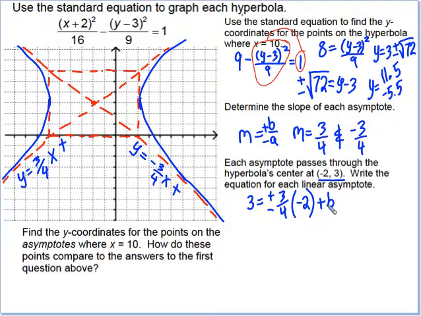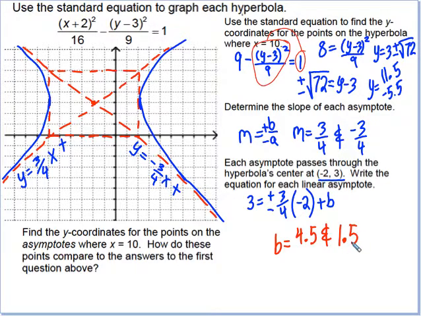If you multiply all of this here, you get negative and positive 1.5. Then you need to add and subtract them to the 3. So b is going to equal 3 plus 1.5, which is 4.5, and 3 minus 1.5, which is 1.5.